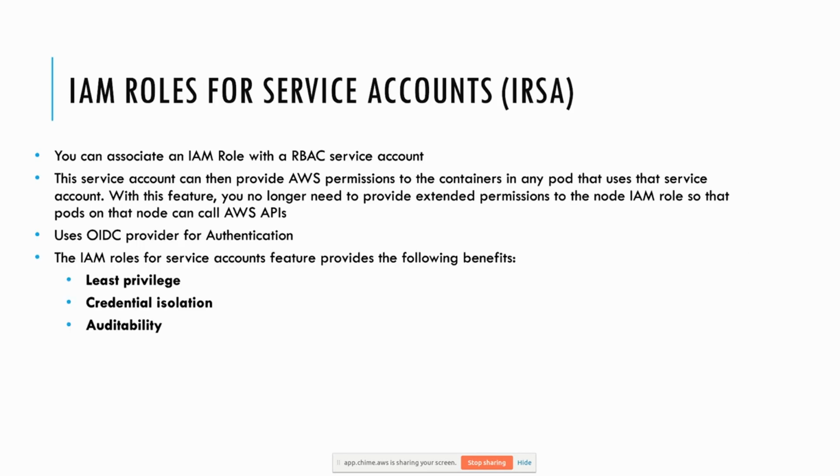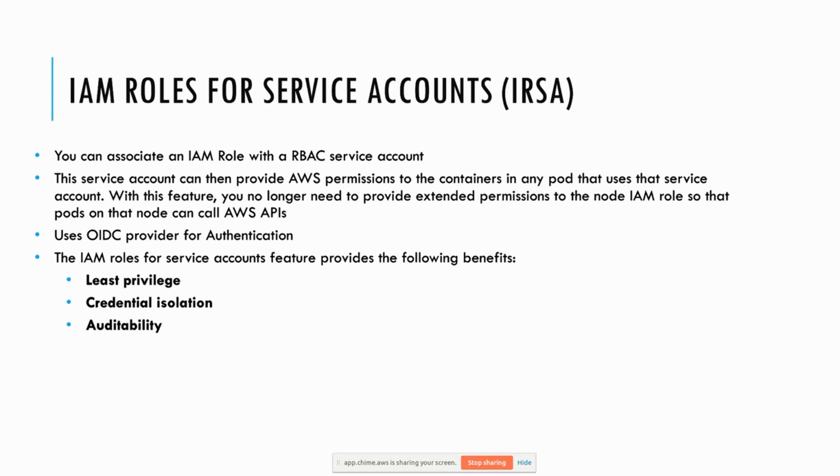Cool. One of the newer and really needed features on EKS was IAM roles for service accounts. In the past, if a pod had to talk to a particular AWS service, say Secrets Manager or RDS or Lambda, you needed to give this pod access to AWS, but there was no native mechanism to do it.